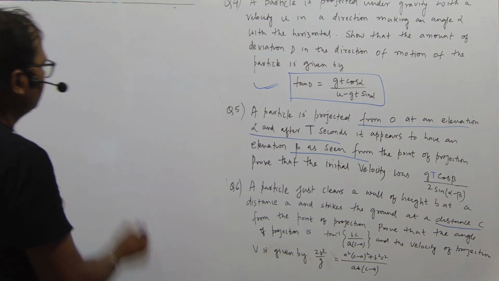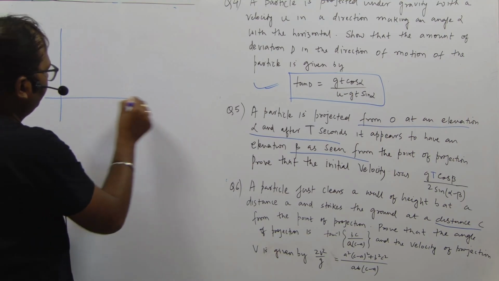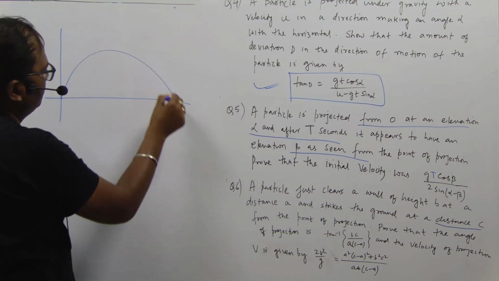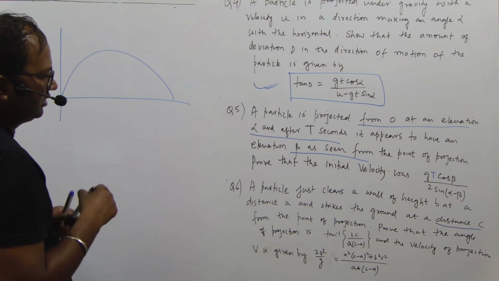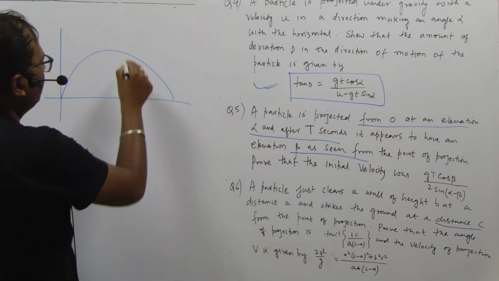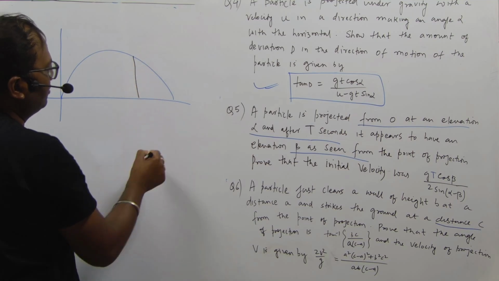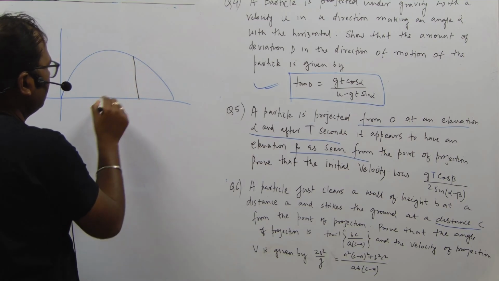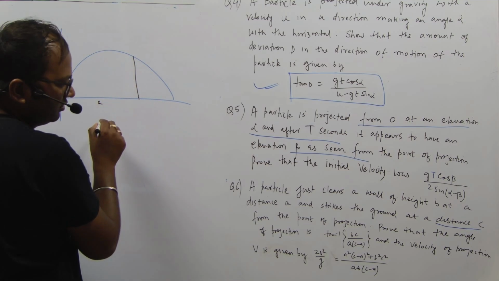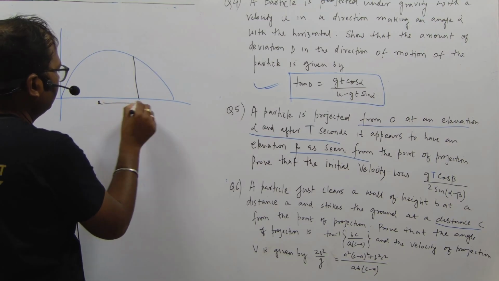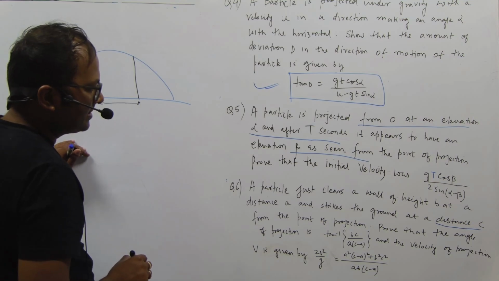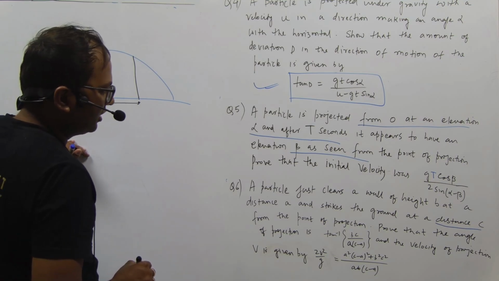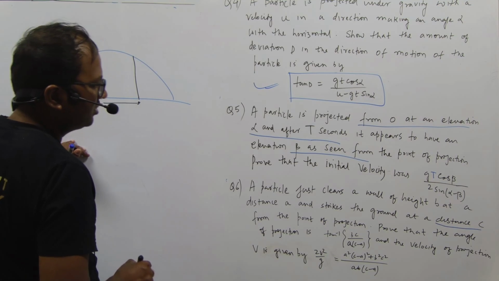So this is our projectile. It clears a wall of height b, and this wall is at a distance a.